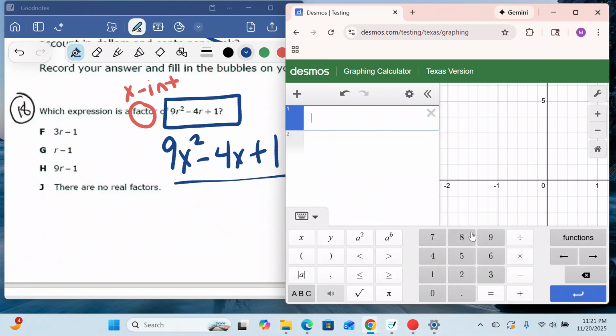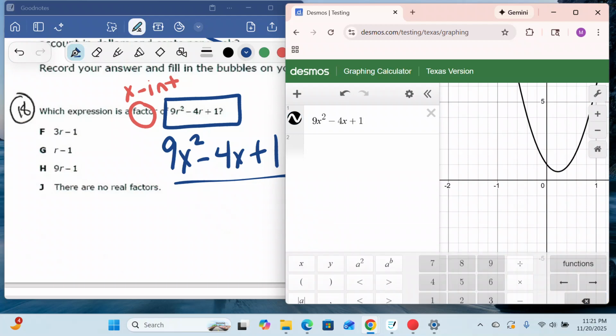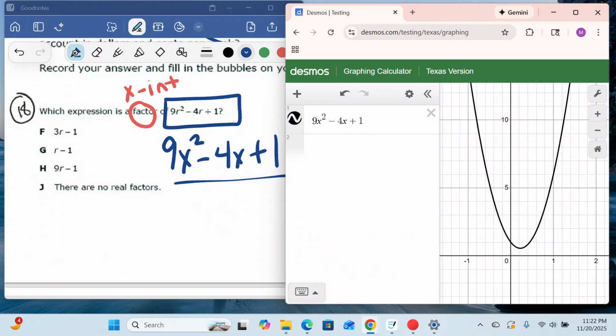So I'm going to go ahead and input 9x squared minus 4x plus 1. And remember, on the STAAR test, every single problem will reset. This tells us something very unique, because remember, a factor has to pass through the x-axis.